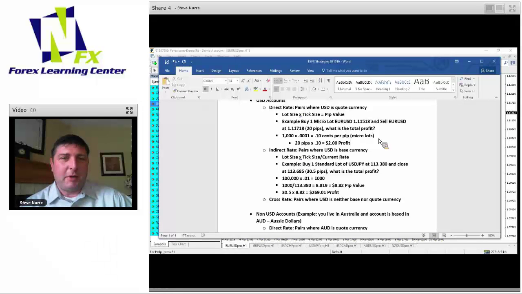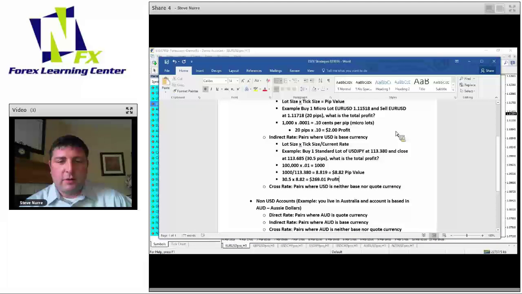They're assuming standard lots or direct rate transactions. However, when we're trading indirect rate transactions, the risk is actually a little bit less per point on the dollar yen pairs, and on all the yen pairs actually, than they are on just the dollar pairs. And it all really depends on what the exchange rate is, and that tells you what your pip value is.